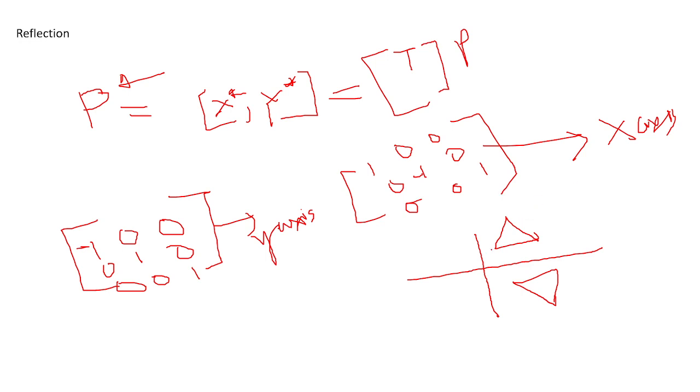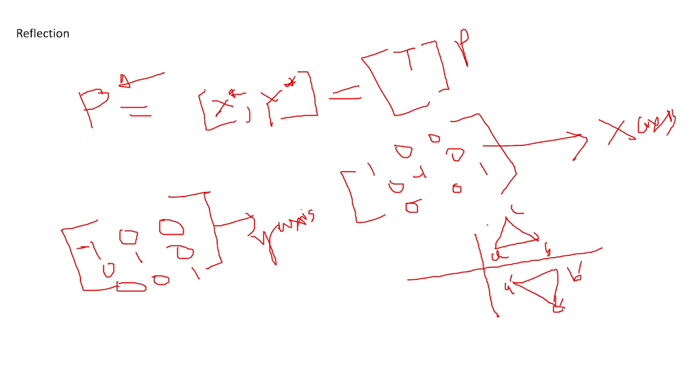Say A, B and C, and then it will be A dash, B dash, C dash. You just remember those two matrices in reflection, about the x-axis and y-axis, when solving the numericals.